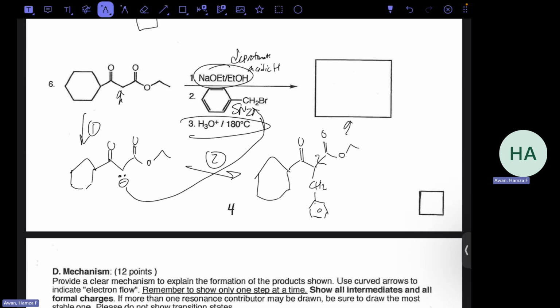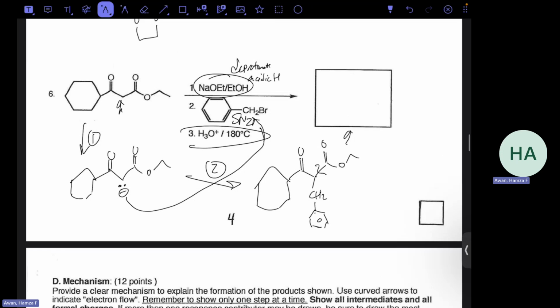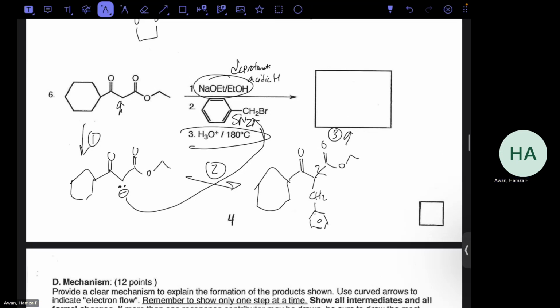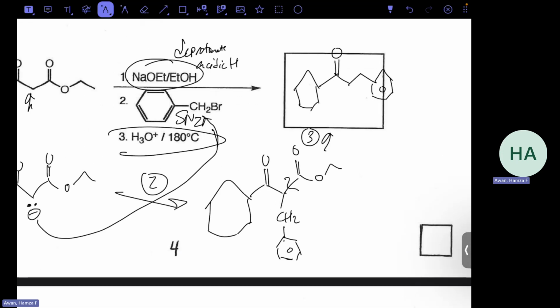This ester is just going to go away. So that'll look like this in the final product: the CH2 now, and then just like that.